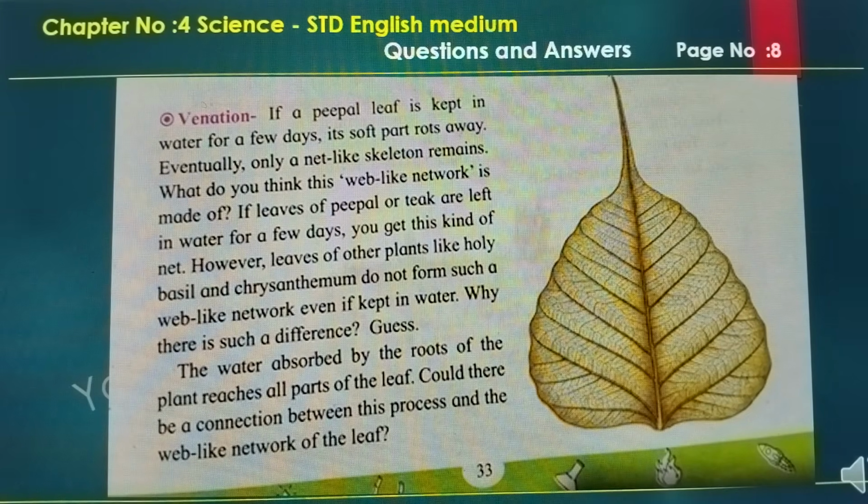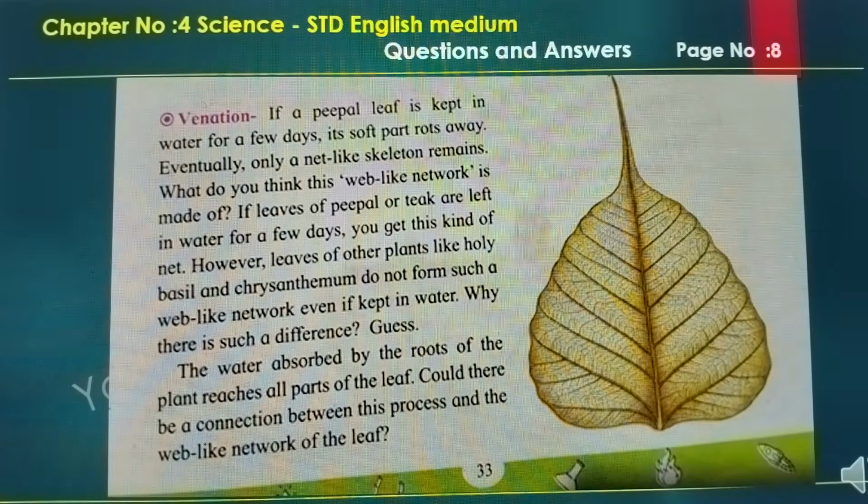What do you think this web-like network is made up of? If leaves of peepal or teak are left in water for a few days, they get this kind of net. However, leaves of other plants like holy basil and chrysanthemum do not form such a web-like network even if kept in water.